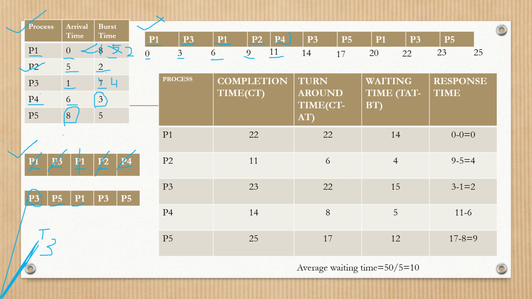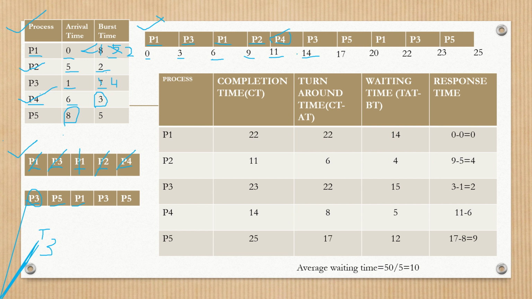Burst time of P4 is 3. So it will execute 3 units of time. So 11 plus 3, till 14, P4 will execute. So you can see that while executing 3 units of burst time, P4 also completes its execution.